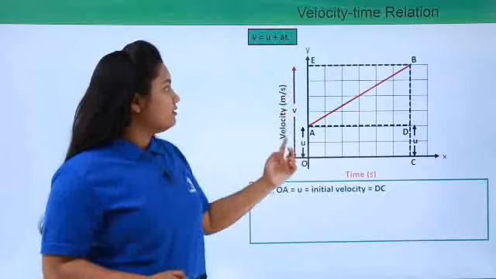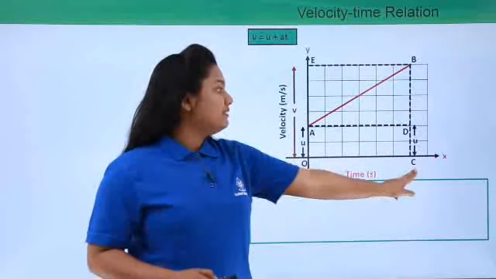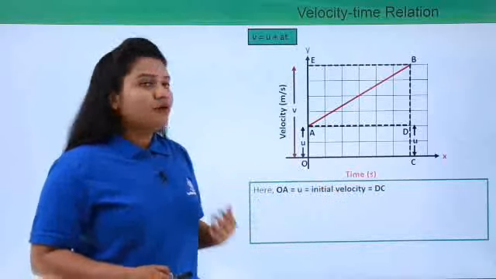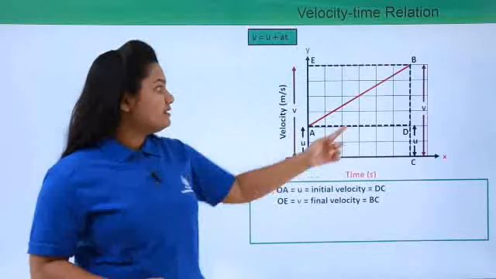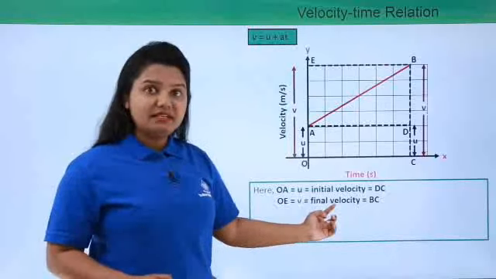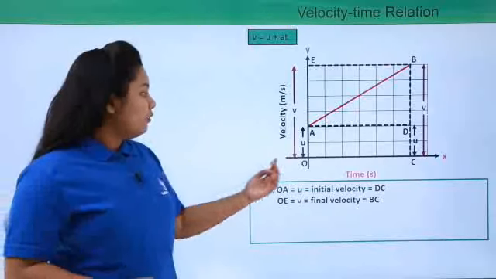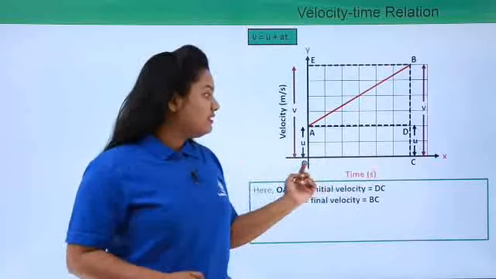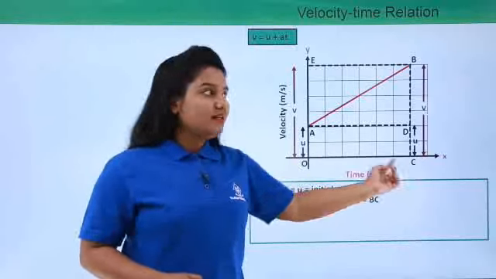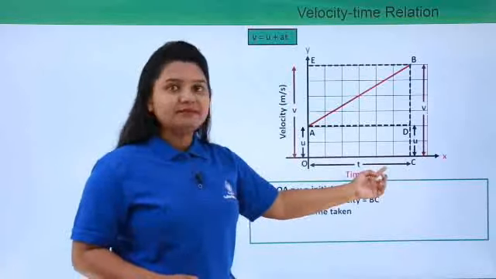And since OE equals BC, BC will also be equal to the final velocity, that is v. So OE equals v, which is the final velocity, which also equals BC. Now OC gives us the time taken by the body to reach point B. So this we will be taking as t.